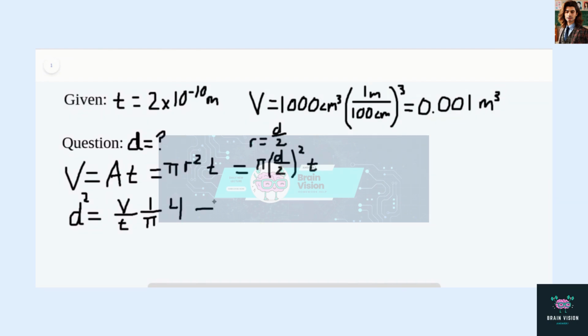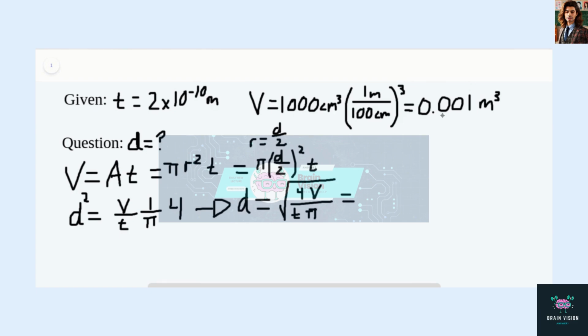Okay, so now we can again rewrite this in terms of d by taking the square root of each side. So d is equal to the square root of 4 times the volume divided by the thickness times pi.